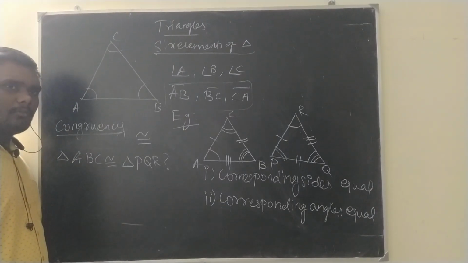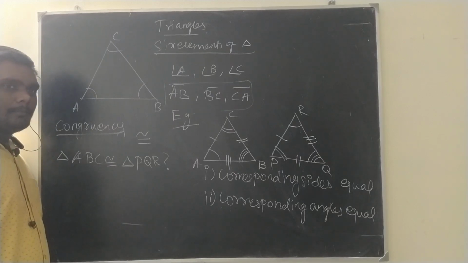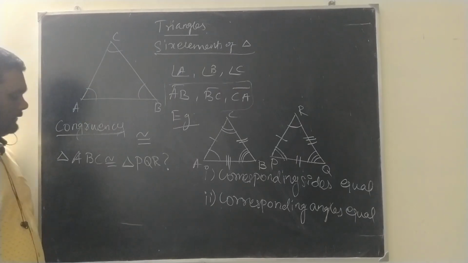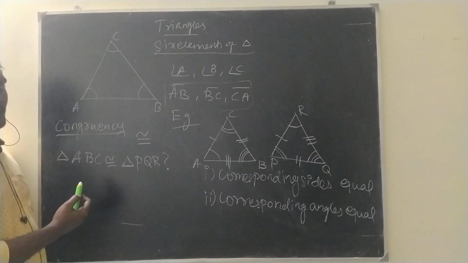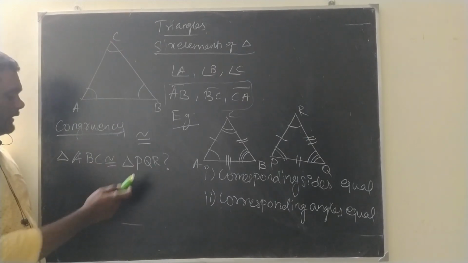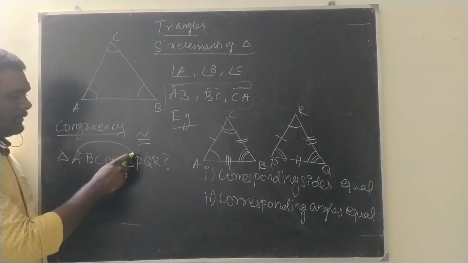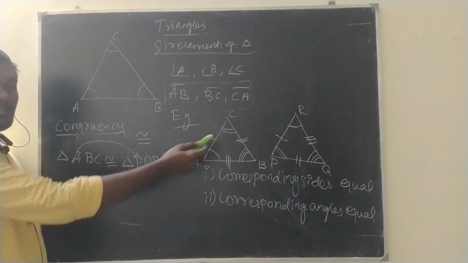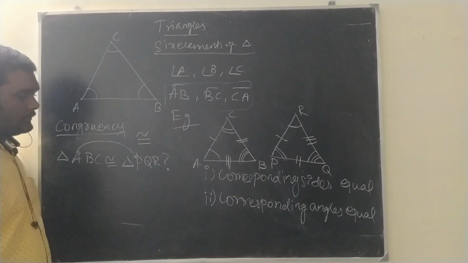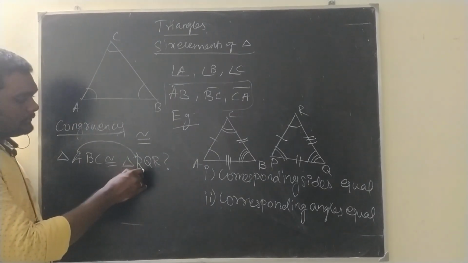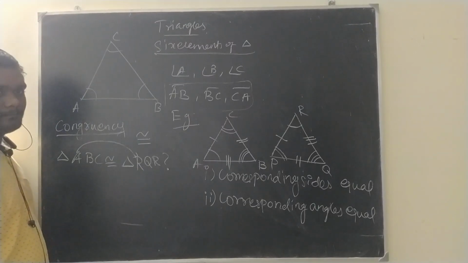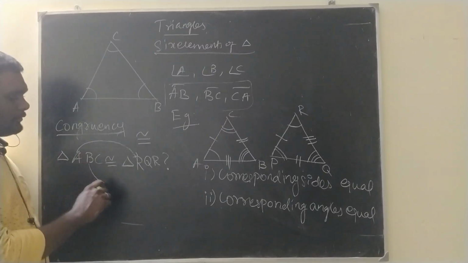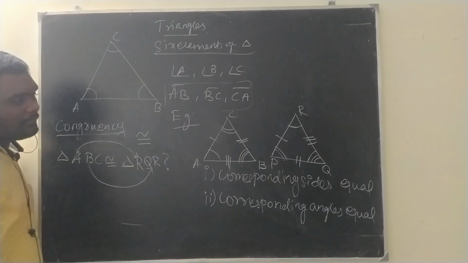Why? What's the problem in it? When we write it like this, A should be equal to P. Is A equal to P? No. A is equal to R. And B should be equal to Q. Is B equal to Q?